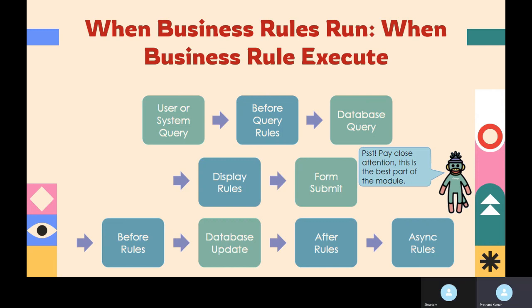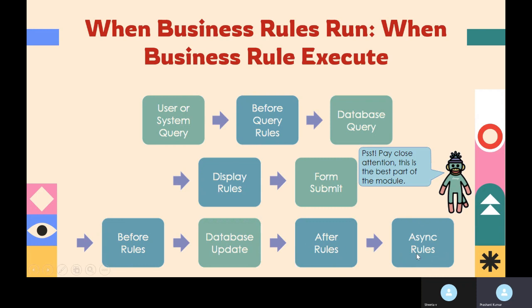And why is there more possibility that people are using async business rules rather than after business rules? Because the after business rule runs just after the database commit, it will take some time, and you will be held for some time for running this rule, right?